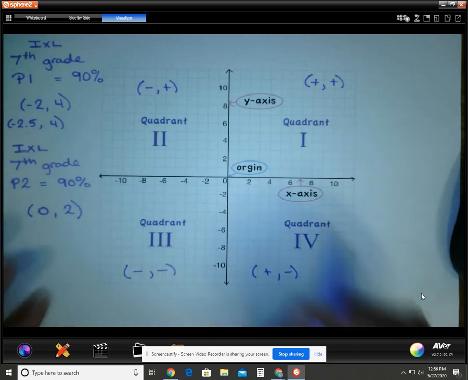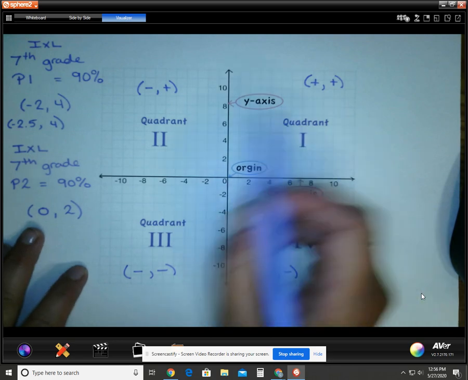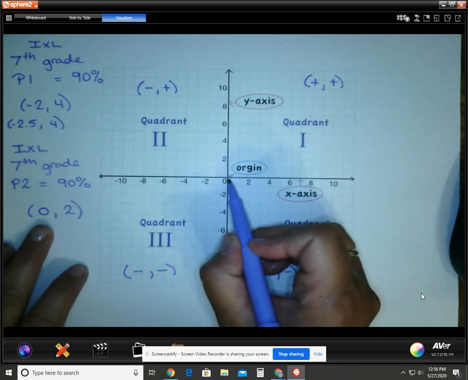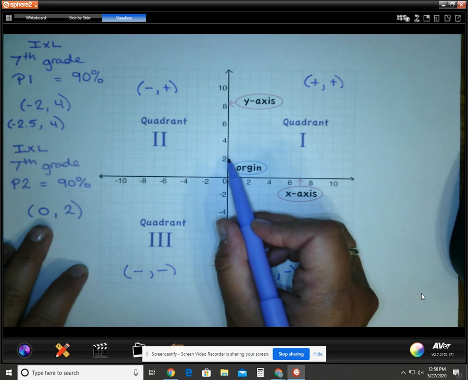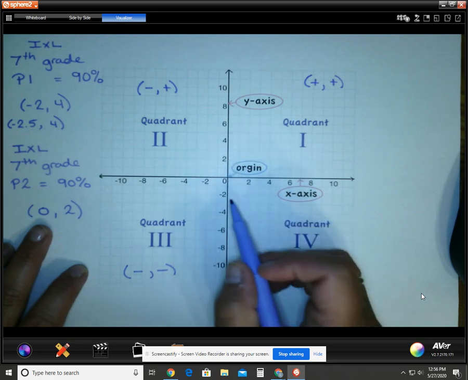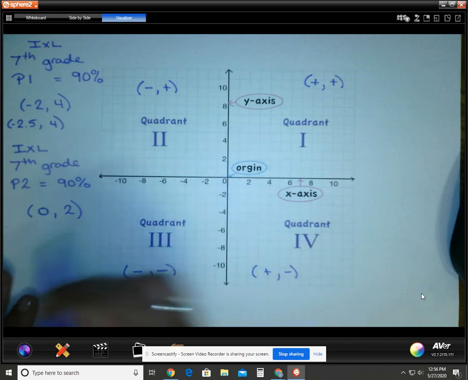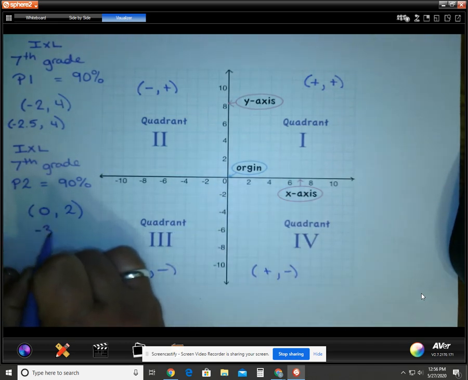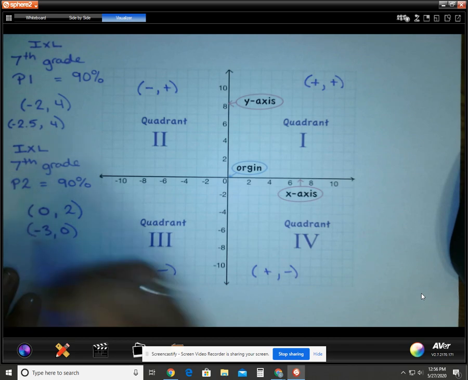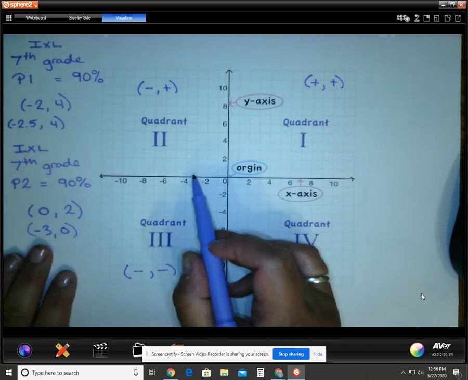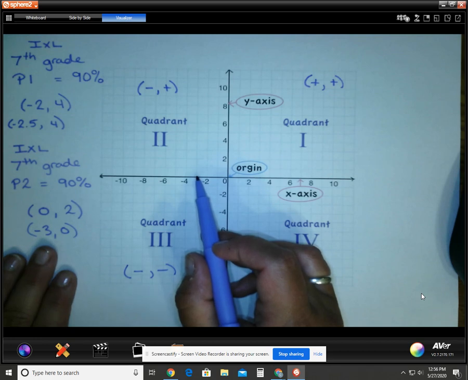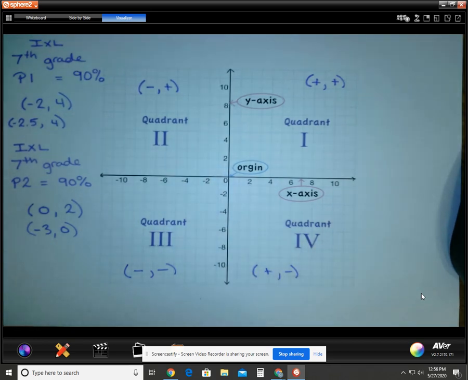Well, if you plot your points, you would go 0 first and then +2. So if I plotted this, it would be on the y-axis. Same thing if I had the point -3, 0. I would move -3, and then if I'm not going up or down, I know it's sitting on the x-axis. That might be one of the questions they ask you.